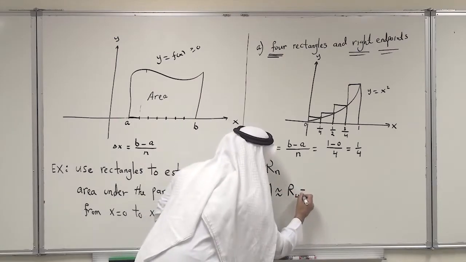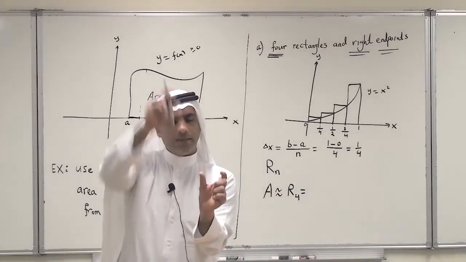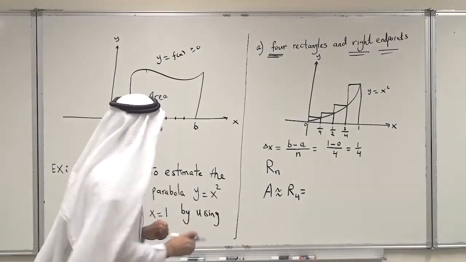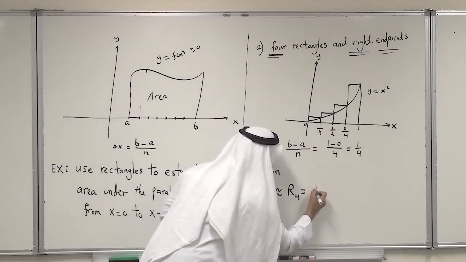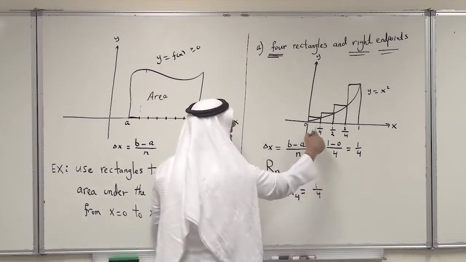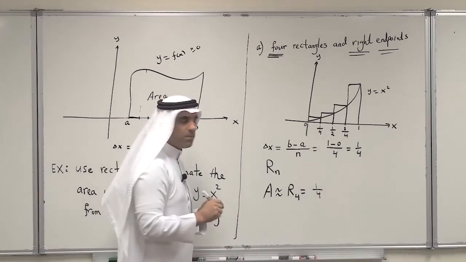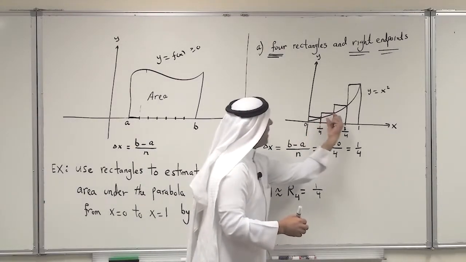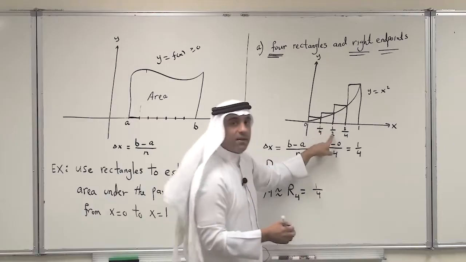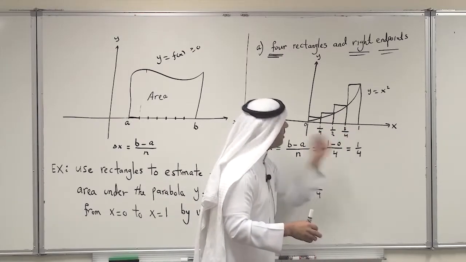So this will be equal to what? You know the area of a rectangle is the width times the height. The width of this is 1/4, so it is 1/4 times the height here. The height is the value of the function at 1/4. Plus, the second one: this is 1/4 and the height is the image at 1/2. Plus the third one, 1/4 times the image at 3/4.